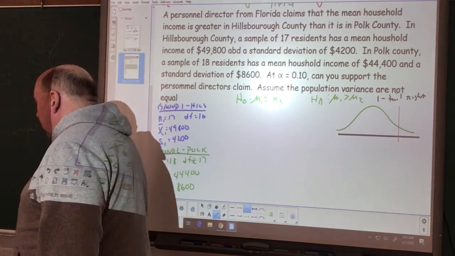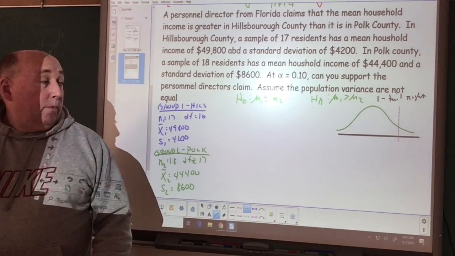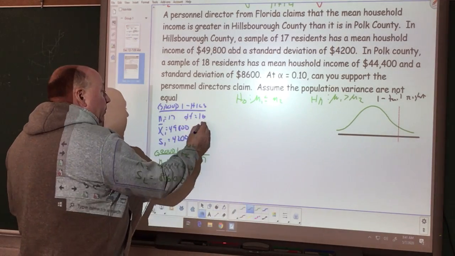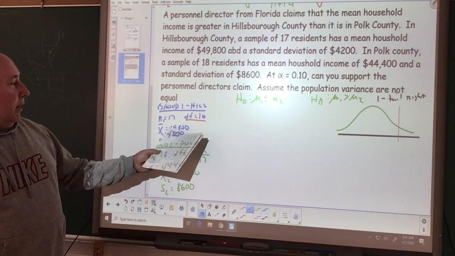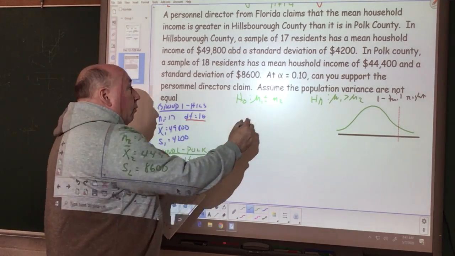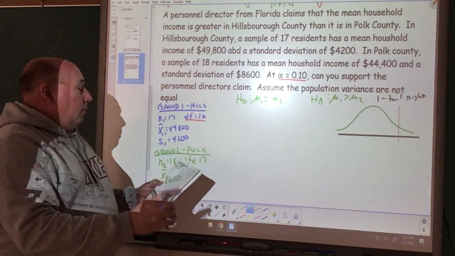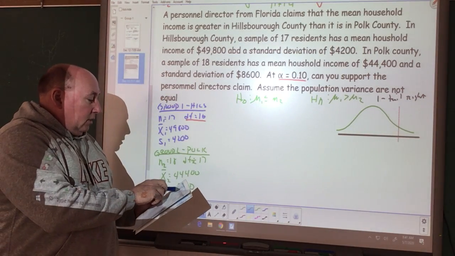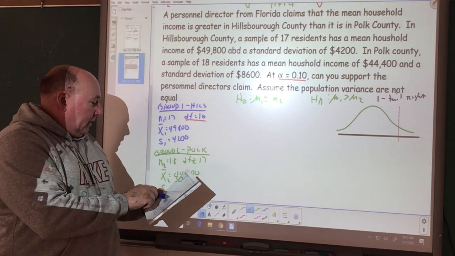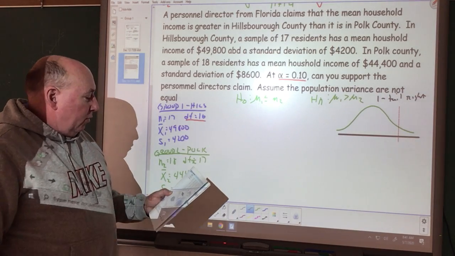So we go to our t-table again for a critical value. We look at which one's smaller, so we have a degree of freedom of 16, an alpha value of 0.10, and a one-tail test. We go down to 16, we get 1.337.